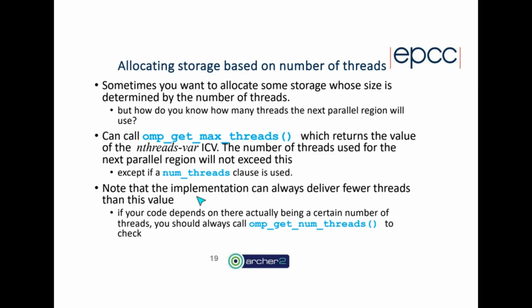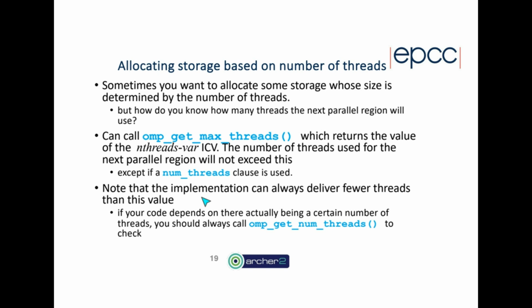If we want to have robust programs, it's always possible that the implementation might decide to deliver fewer threads than what you asked for. In general, it's best not to depend on this, but it's possible to code patterns which don't work on a single thread.